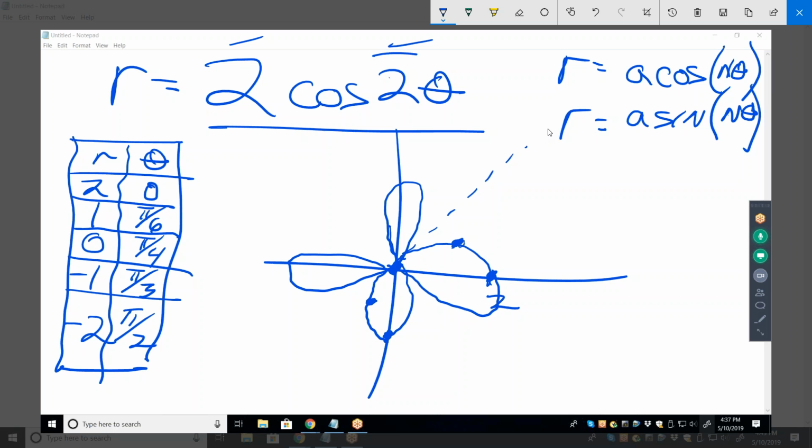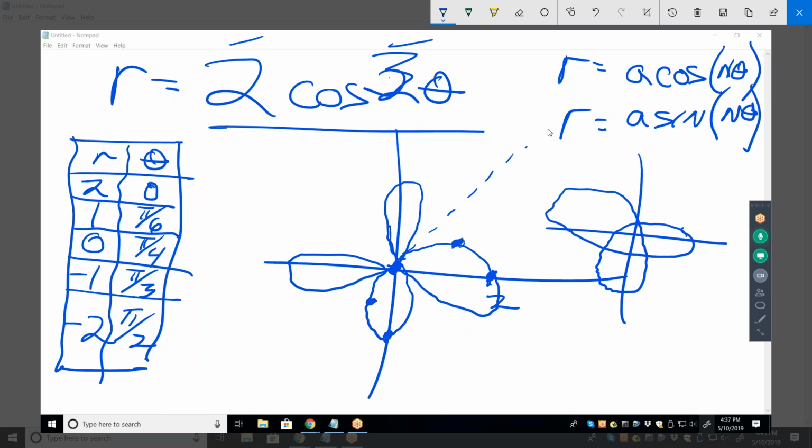So if I made this 3 theta instead of 2 theta, I've got a rose curve that's going to look something like this. All of it goes through the origin.